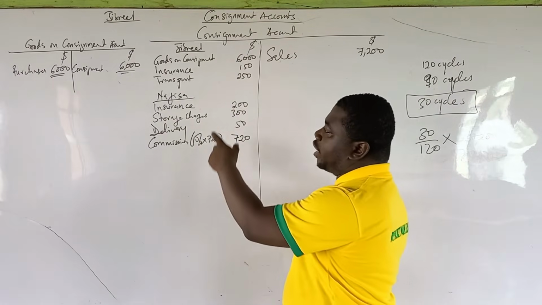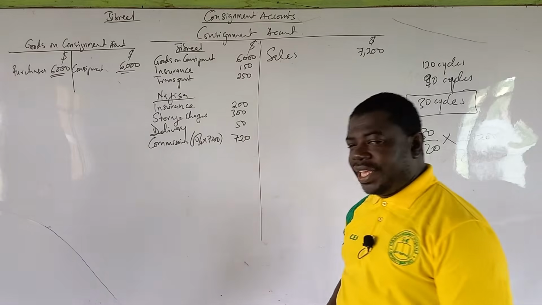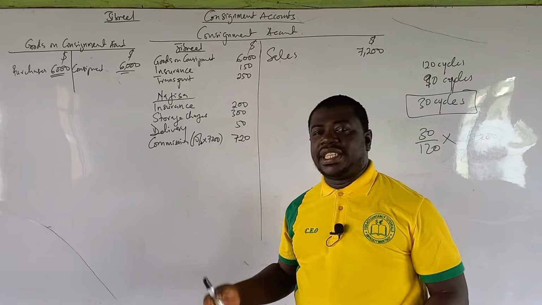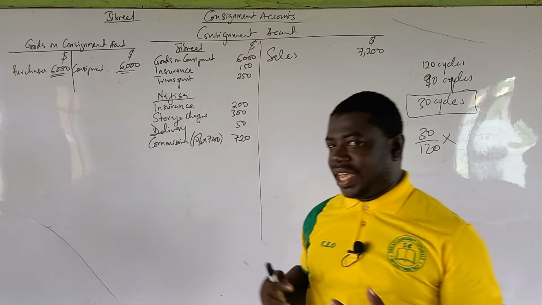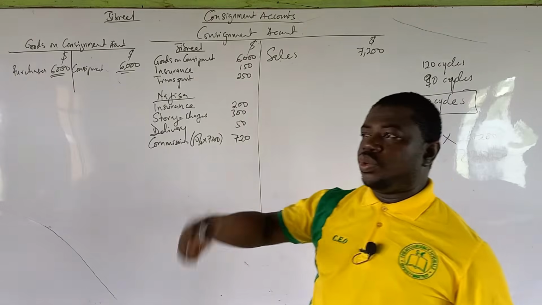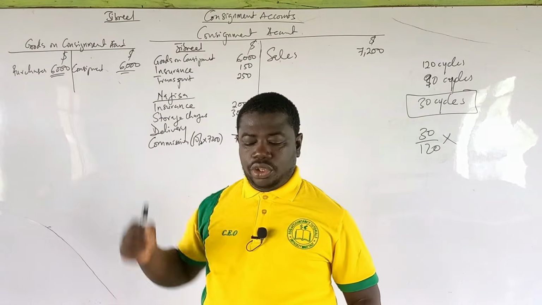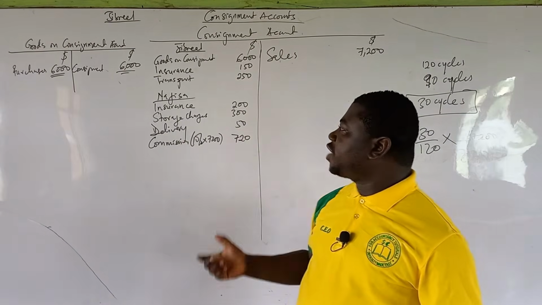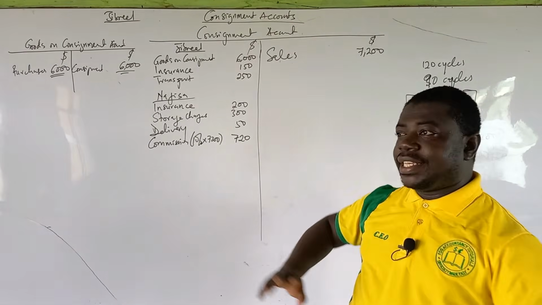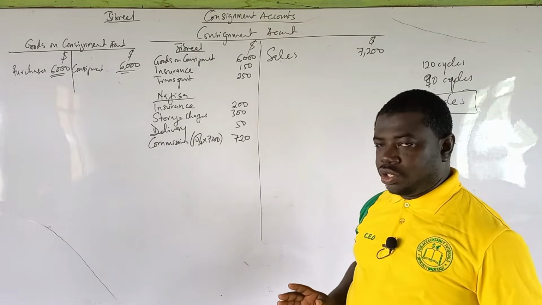But when we come to the expenses of Nafisa, who is the consignee, we need to only include the expenses that are related to the incoming consignment and the goods in the warehouse, not the ones that relate to sales and marketing. So expenses of the consignee that are related to marketing and sales are excluded from the closing stock valuation.